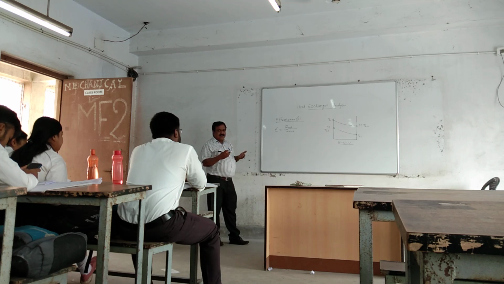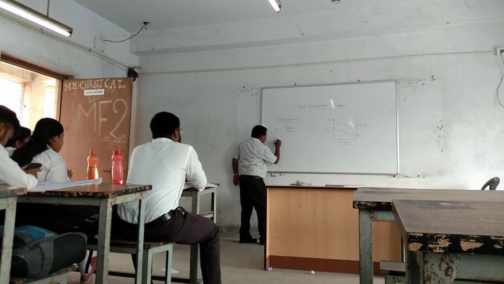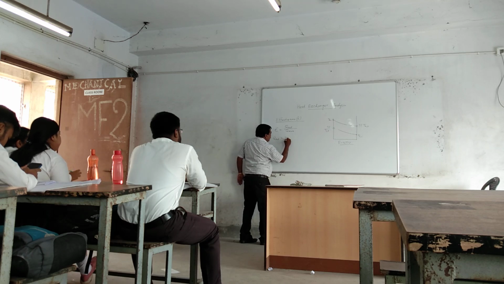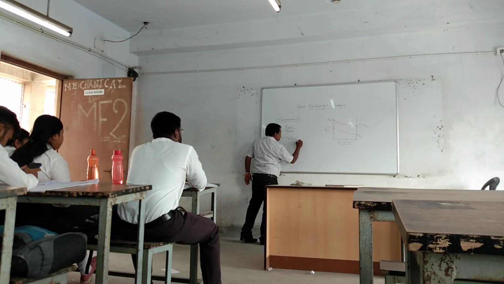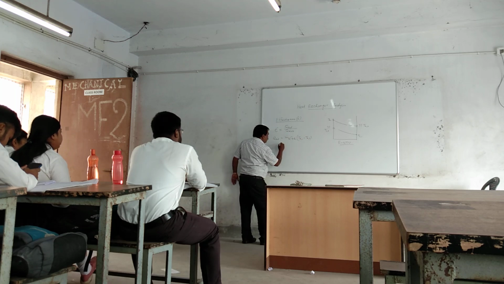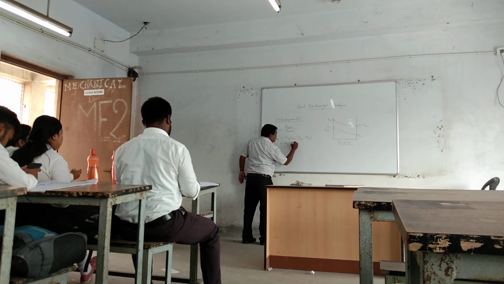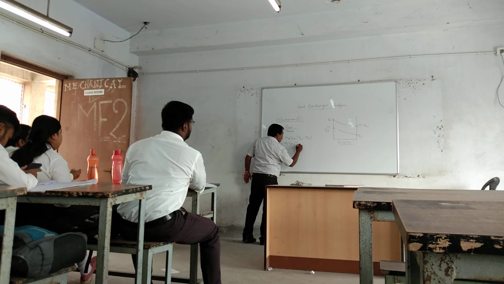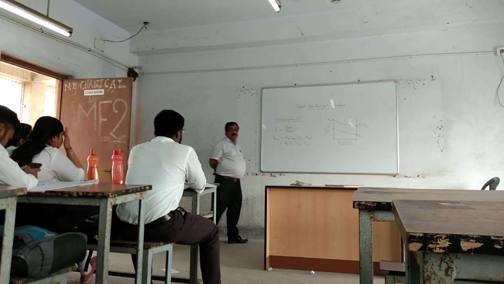For the hot fluid, the actual heat transfer is m dot h Cph times (THI minus THO), and for the cold fluid it is m dot c Cpc times (TCO minus TCI).